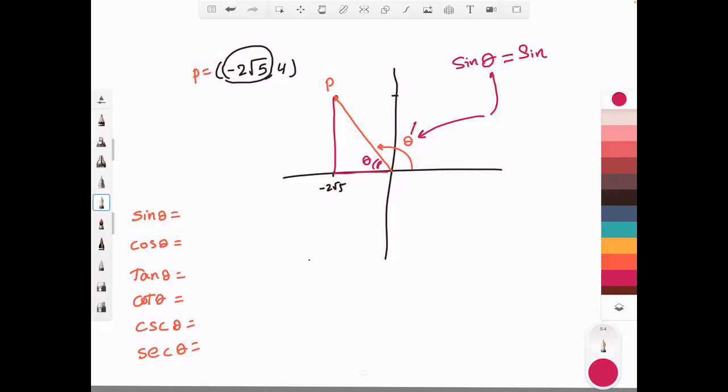I'm not saying, for example, that theta 1 equals theta 2. I'm saying they are not equal, because theta 1 is probably like 130 and this is 50 degrees. That's an example, you can visualize it. There are two different sizes.